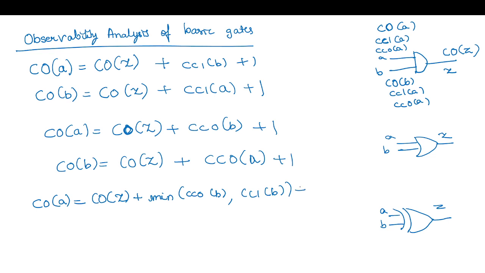And the combinational observability at B is CO of Z plus the minimum to set A at 0 or A at 1.